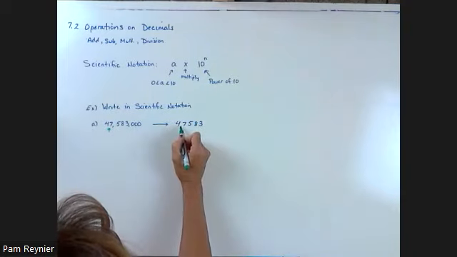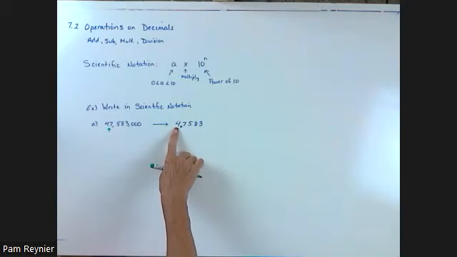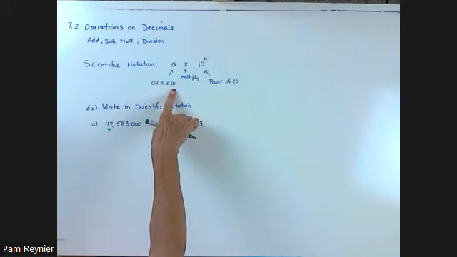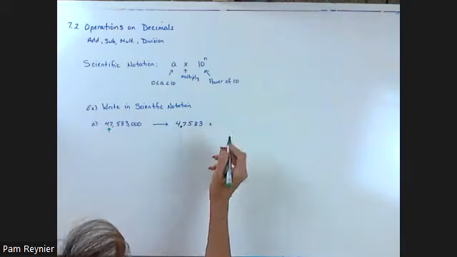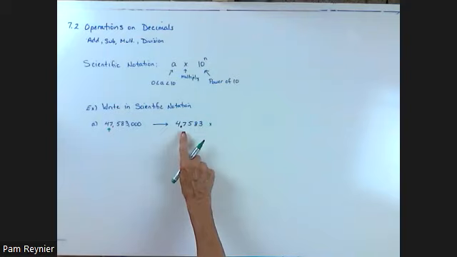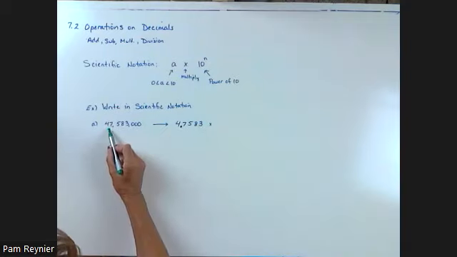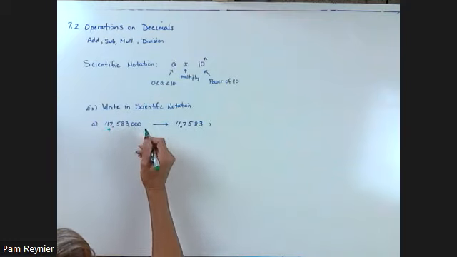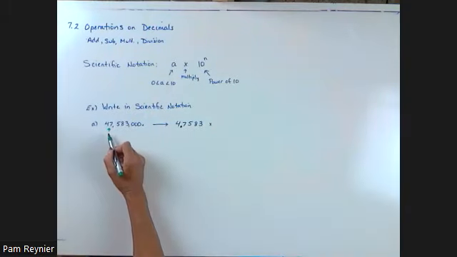And think about it this way. If I put this decimal right here, now my first number is between 0 and 10, because it's 4.7. How many powers of 10 do I need in order to move this decimal back to where it started? So where did it start? I don't see a decimal at all, so that must mean it's down here at the very end after the ones column. How far does it need to go?